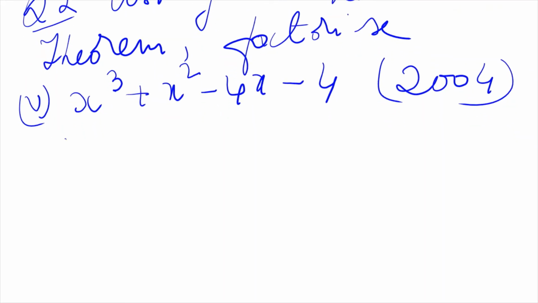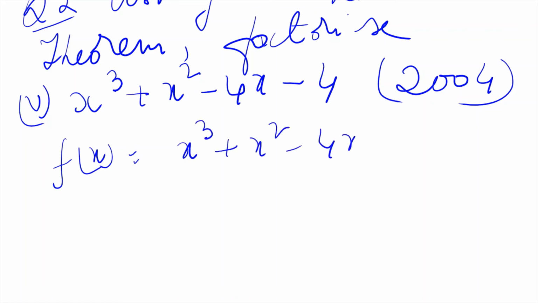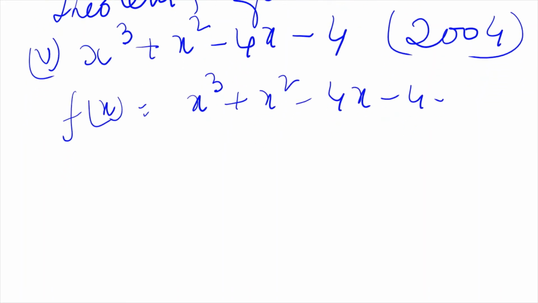So suppose f(x) is equal to x cube plus x square minus 4x minus 4. Let us consider f of 1. If f of 1 is equal to 0, it implies x minus 1 is a factor. If it is not 0, it is leaving a remainder, so x minus 1 is not a factor.